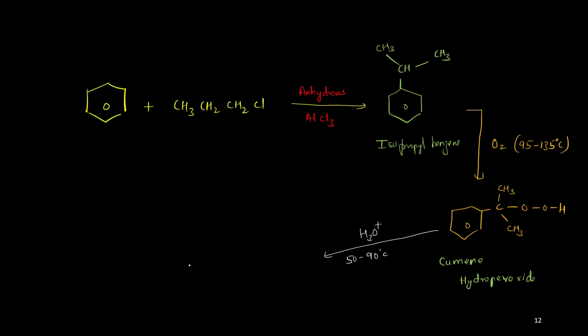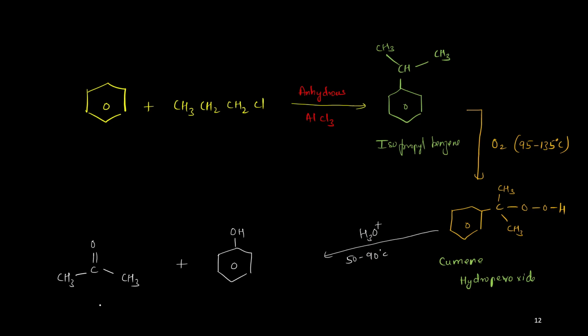That will give one product, the phenol, and the other, acetone. CH3 carbon double bond O CH3. It is nothing but R-C double bond-O-R, which is a ketone. And this is an alcohol.